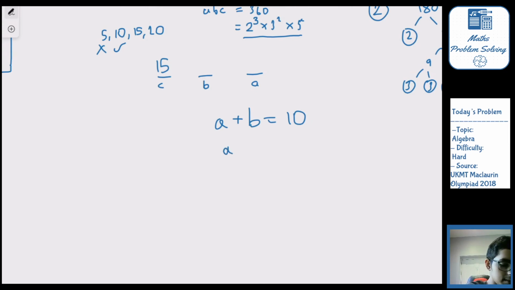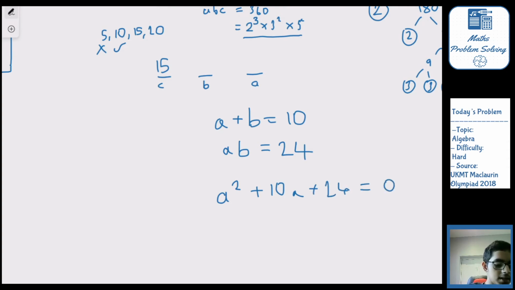And a times b equals 360 divided by 15, which is 24. So now again, let's write this as a quadratic. a squared plus 10a plus 24 equals 0. And now the two solutions are 6 and 4.